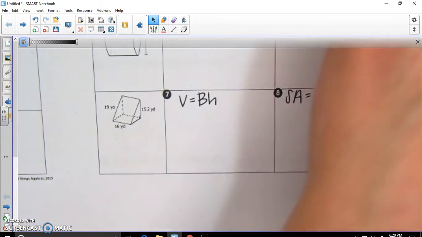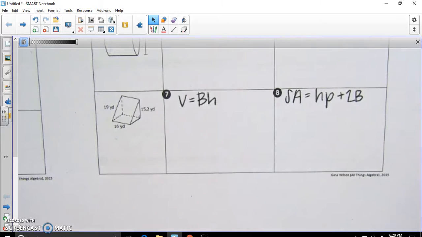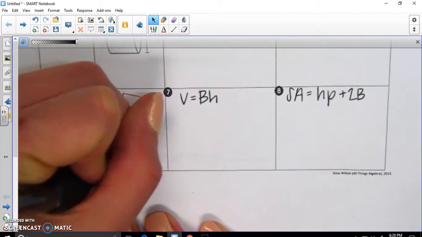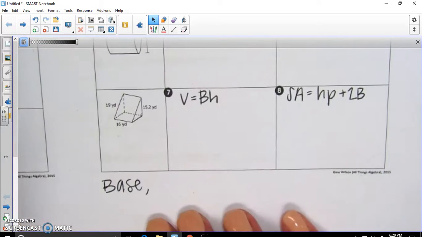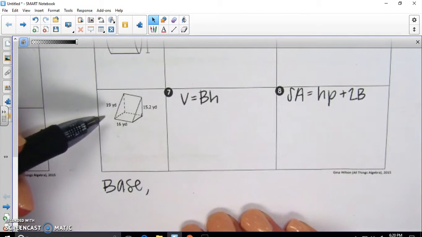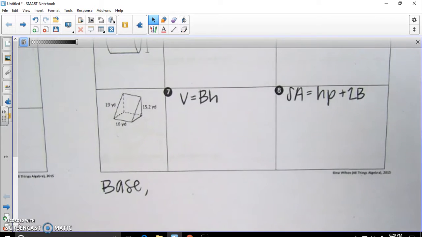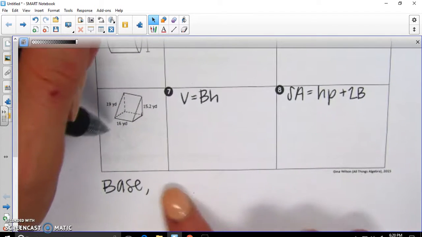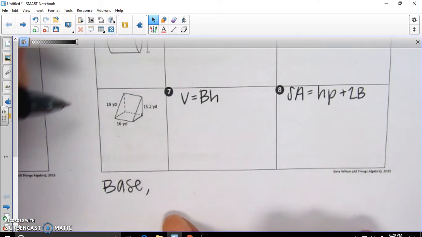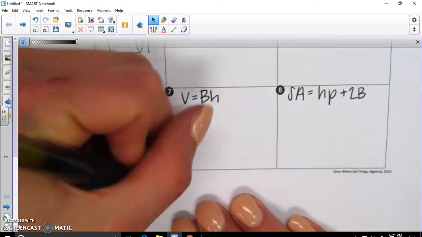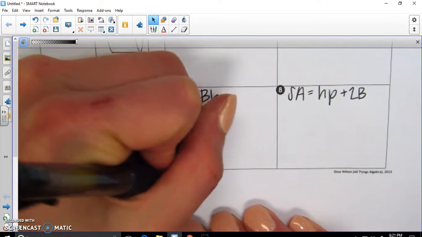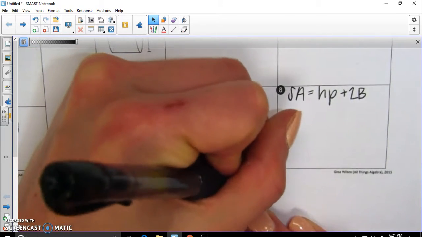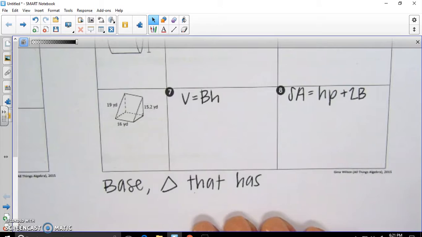So the base is not always the bottom of a triangular prism. A base for this one has a parallel base to it. Okay, so in this case, the base isn't necessarily at the bottom, it's the triangle that has a parallel triangle to it.